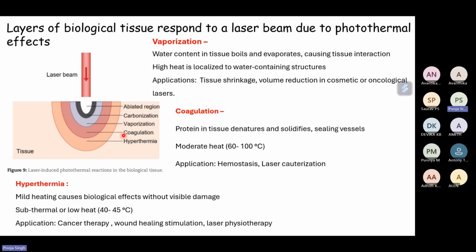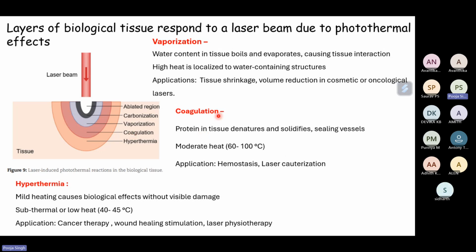Then the fourth process is coagulation. Coagulation means solidifying your blood, proteins and tissues. The protein in the tissue denatures and solidifies, sealing the vessel. The moderate heat required is 60 to 100. The application is hemostasis, which we will study later. Then hyperthermia.